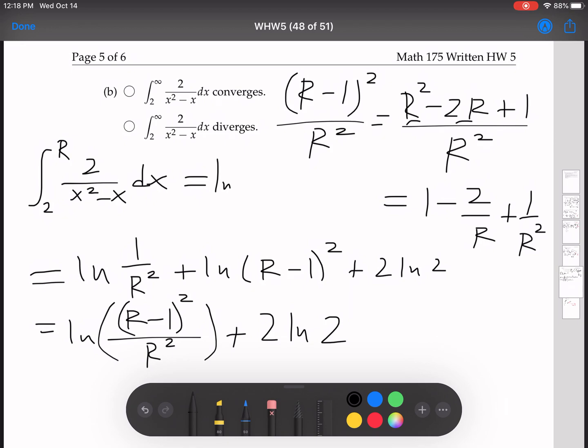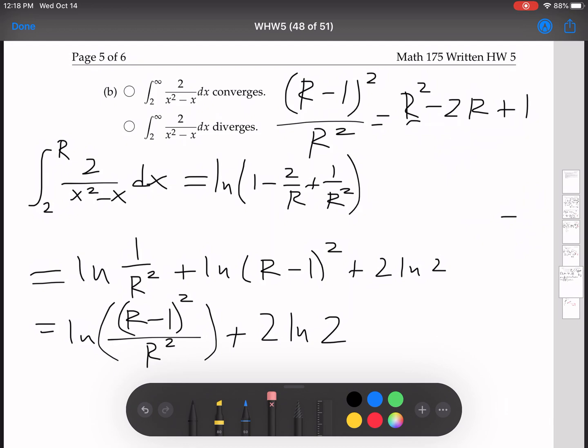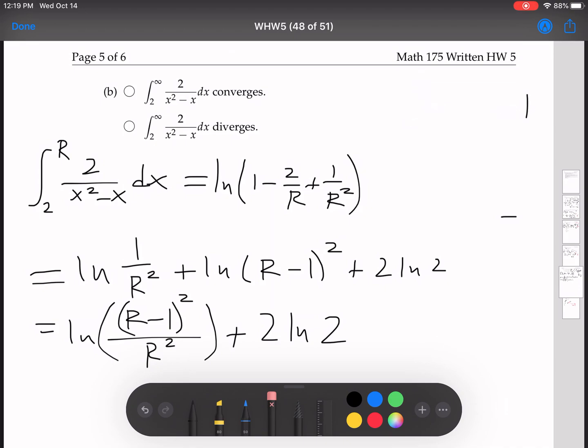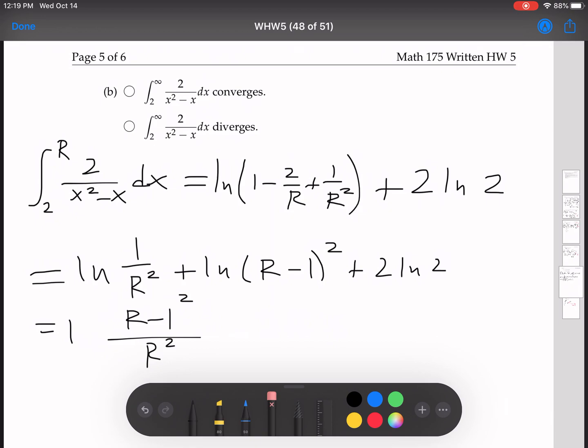And so here we have ln of that thing, 1 minus 2 over r plus 1 over r squared, plus 2 ln 2. All right, so I think now we're ready to take the limit.